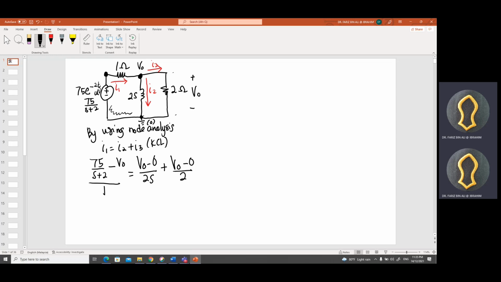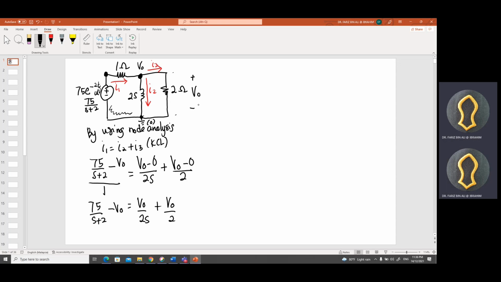So you need to simplify this equation. Try to arrange it properly. Here I have 75 over S plus 2, minus V naught, equal to V naught over 2S, I just rewrite, plus V naught over 2.